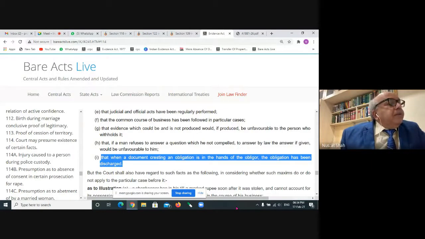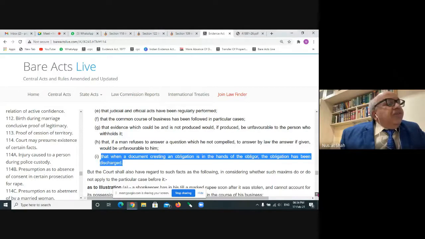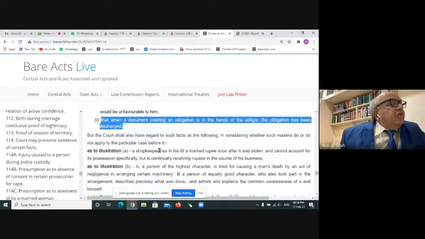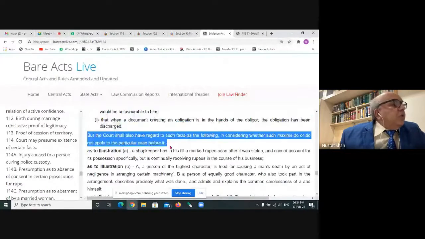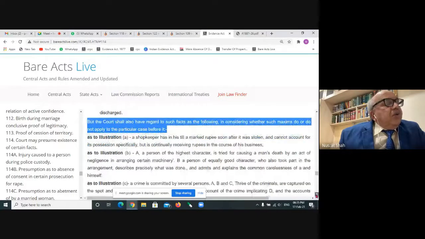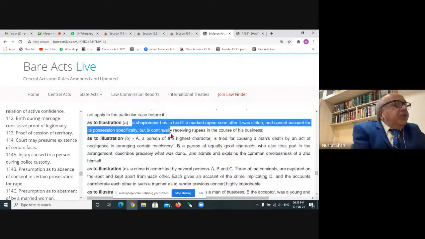Yeah. Then, but the court shall have regard to such facts, following consideration, whether such maxims do or do not apply to a particular case before it. Now, as to illustration A, the shopkeeper in his till, the marked rupees. Is that there in your books?